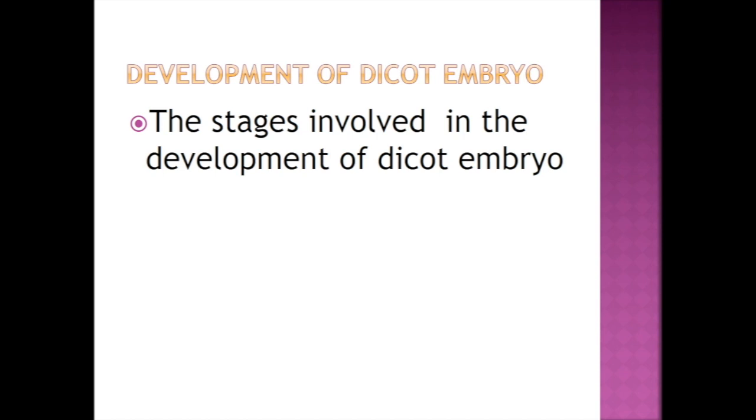This structure is the suspensor and embryonal mass, hypophysis, then heart-shaped embryo, then mature embryo, which is G. So suspensor, root cap, radicle, cotyledon. Next, the mature embryo is in the seed. Finally, the mature embryo in a seed contains the root cap, radicle, cotyledons and plumule.